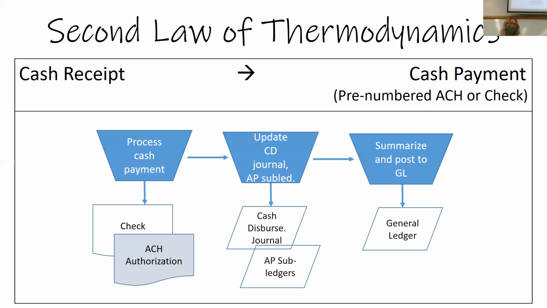Before, we were updating the cash receipts journal and the accounts receivable subsidiary ledger. Now we're updating the cash disbursements journal and the accounts payable subsidiary ledger. And then at the end of the month, or whatever period we use for our accounting cycle, could be weekly, could be daily, we summarize our results and post them to the general ledger.